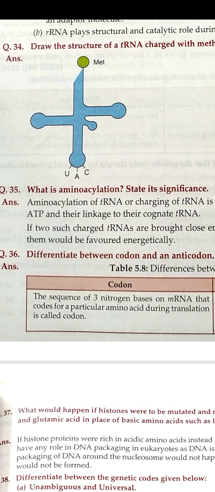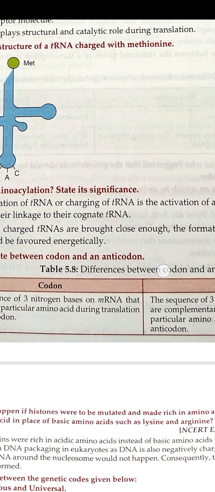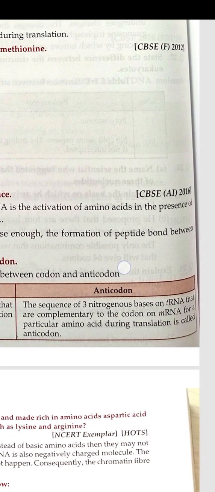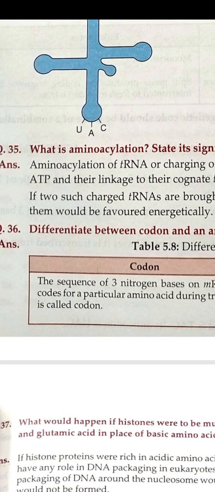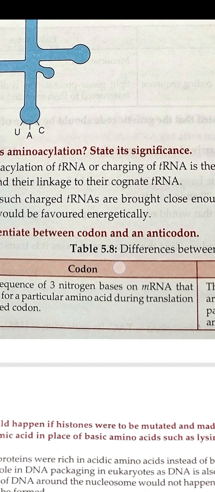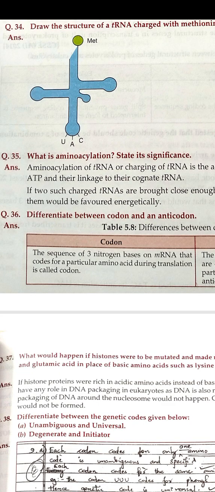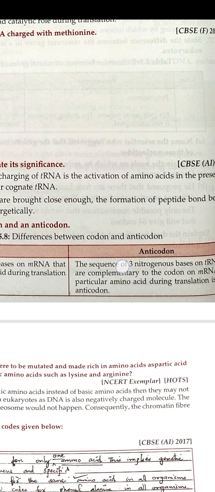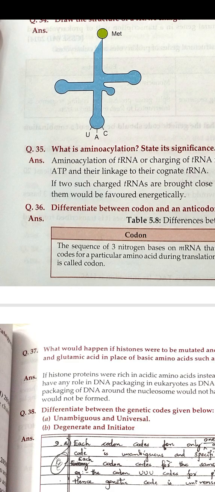Aminoacylation of tRNA, or charging of tRNA, is the activation of amino acids in the presence of ATP and their linkage to their cognate tRNA. If two such charged tRNAs are brought close enough, the formation of a peptide bond between them would be favored energetically.